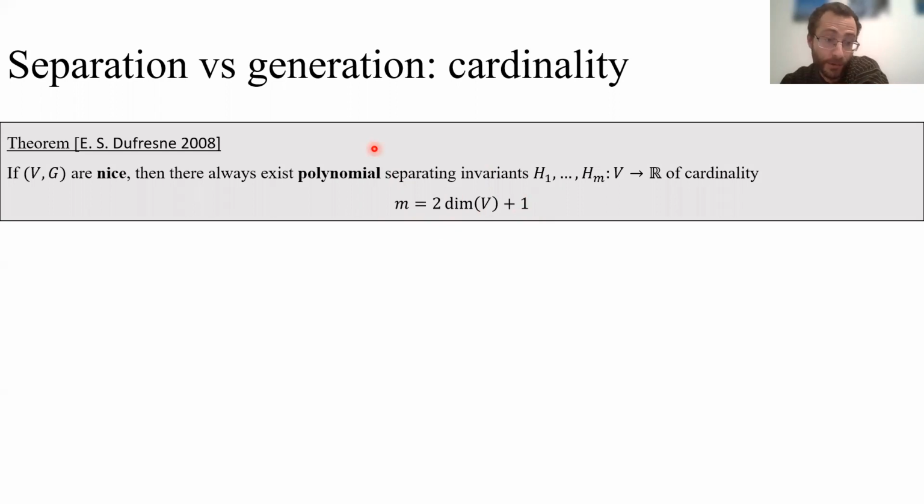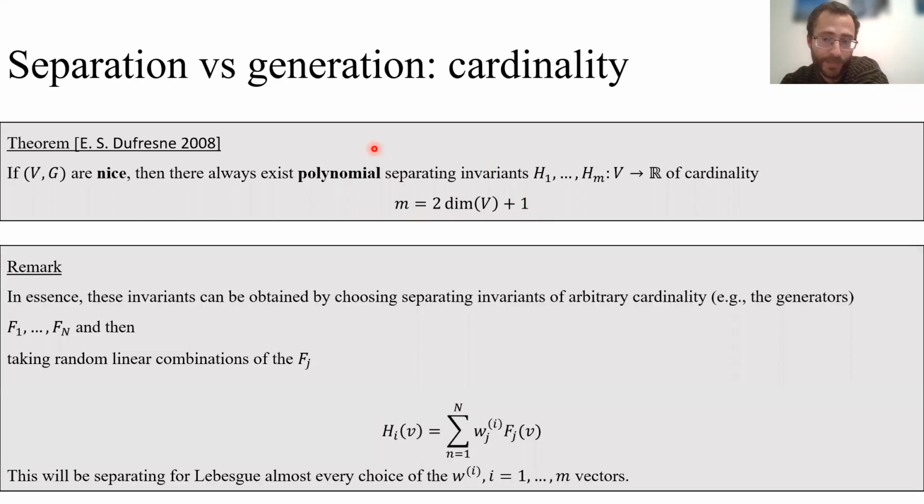And that's not only an existence theorem, it's also a little bit, more or less, constructive. The way it works in general is that you take some larger collection of separating invariants, for example your generators, which we know exist from Hilbert's theorem. Then you take random linear combinations of those, and with probability one, up to a Lebesgue measure zero set, these will define separating invariants, and the number of random separating invariants you need will only be twice the dimension plus 1.